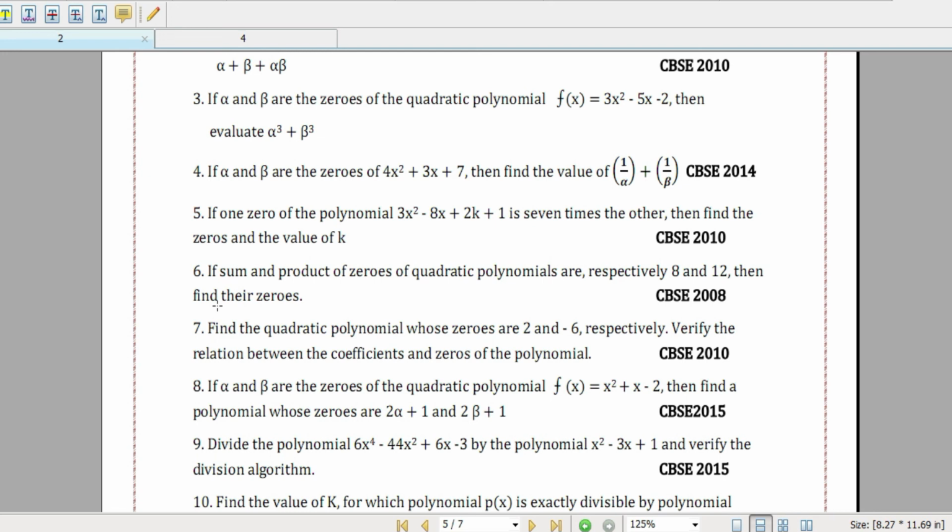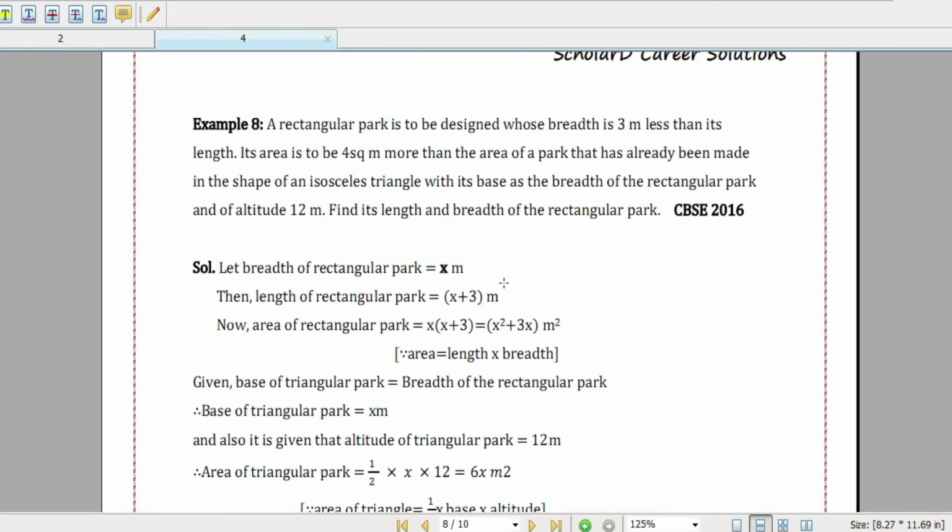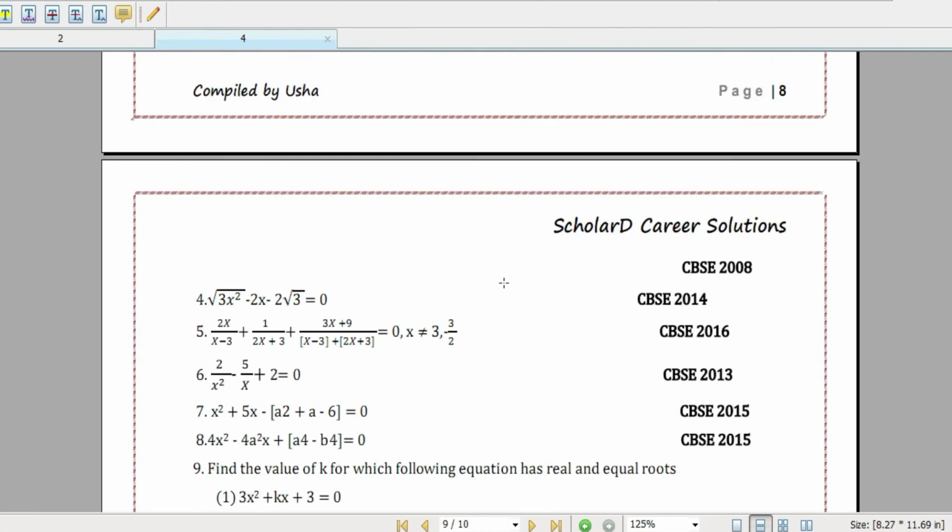In case you have any doubts, you can text me on WhatsApp so that we can discuss in the next class. In the next class, we are going to solve all the questions of quadratic equations, probably tomorrow or the day after. I will announce it in the group.